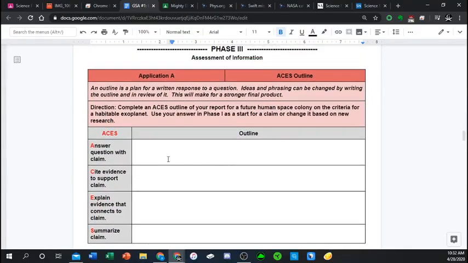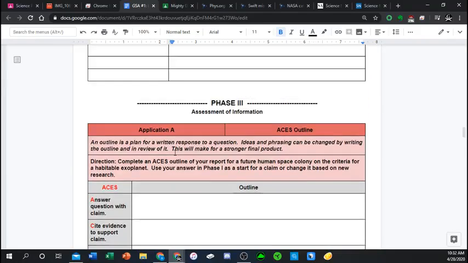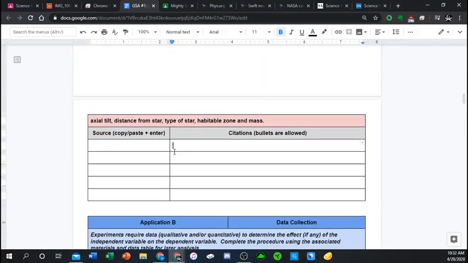The next section being an outline, right? That's got to be in your own words. So you can paste from a website, but eventually this information's got to be in your own paraphrasing. All right? So sources here, and then information.